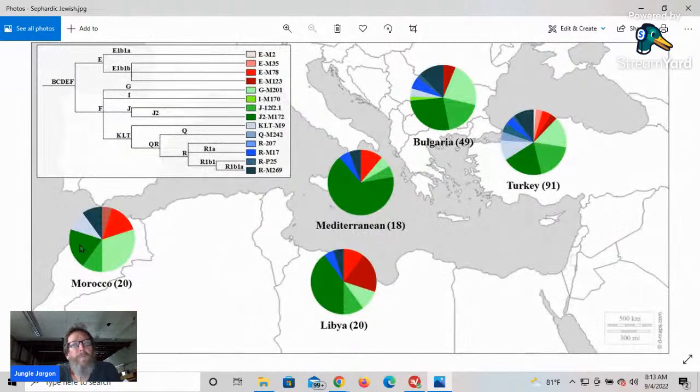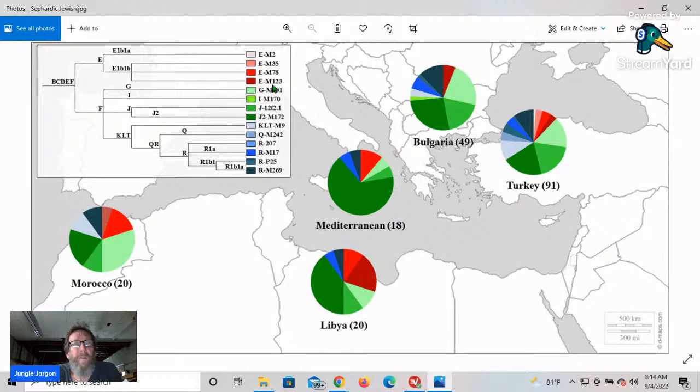So here we go. In Morocco, this is the Sephardic Jewish population in Morocco. 1/3 is J1, J2. And we have G, which is Assyrian as well in the population, but Assyrian is also Mediterranean. Then you have the R, probably R1b, in the population.